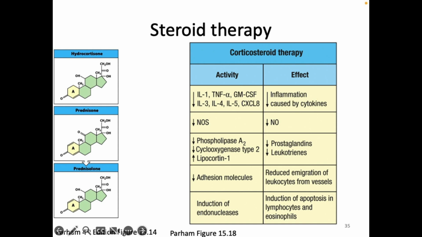They'll decrease adhesion molecules. They'll decrease a whole bunch of other things. And so if you think about it, we're just going to kind of depress everybody. Just turn down all the leukocytes. Just make everybody's transcription come down a bit with this steroid treatment.